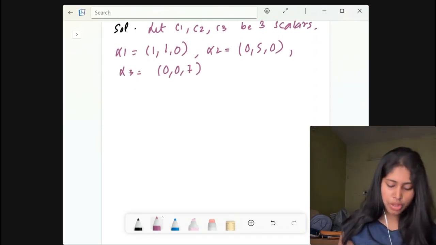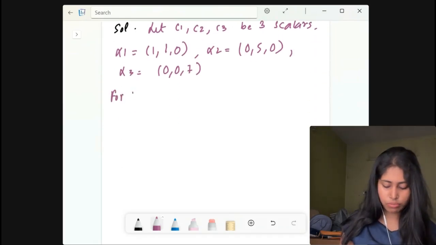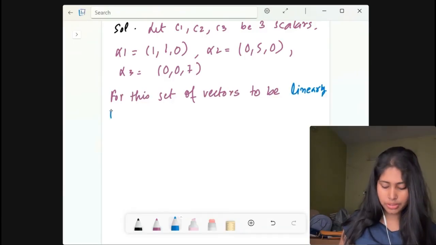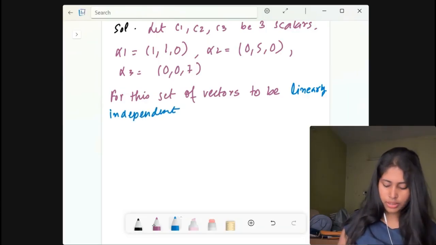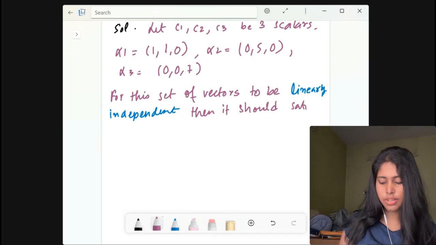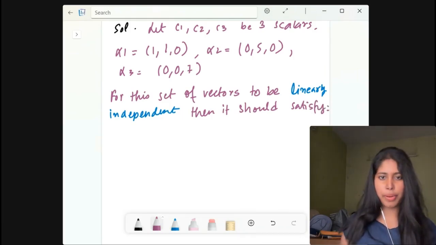Now for this set of vectors to be linearly independent, it should satisfy the condition of linearly independent vectors, right?